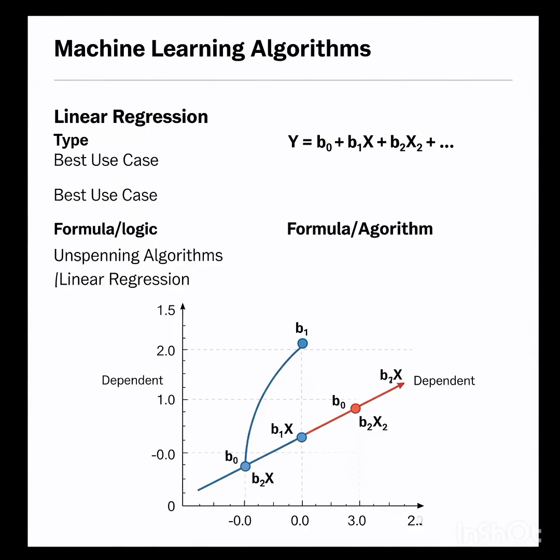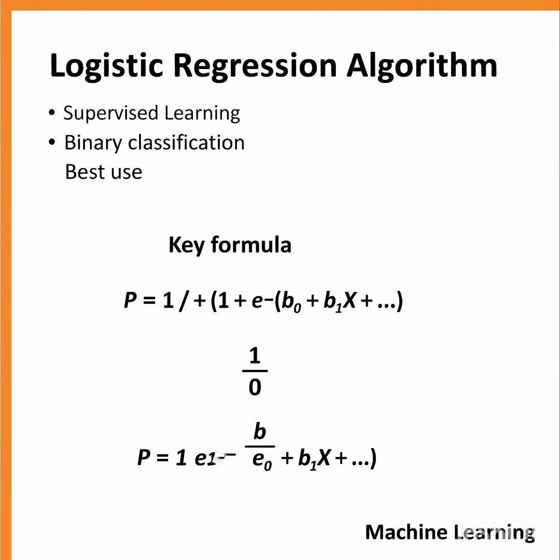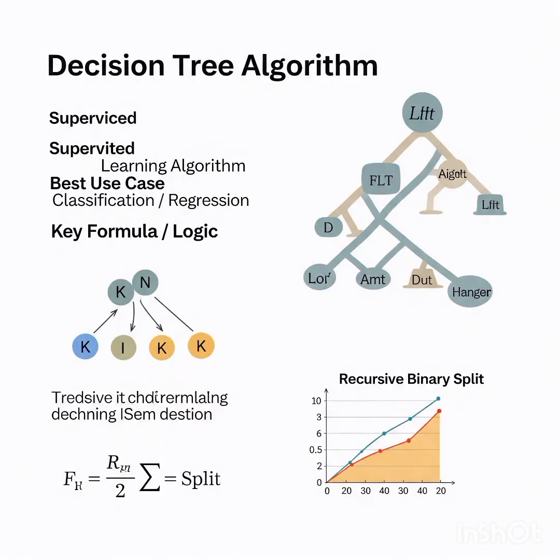For spam detection, maybe an email gets a 0.9 score. If that's above our threshold, say 0.5, boom, classified as spam. Okay, so it gives you a likelihood. That's useful, still pretty interpretable. Yeah, generally. But again, it's basically drawing a line, albeit a squashed one. If the boundary between your classes is really complex and curvy, logistic regression might struggle.